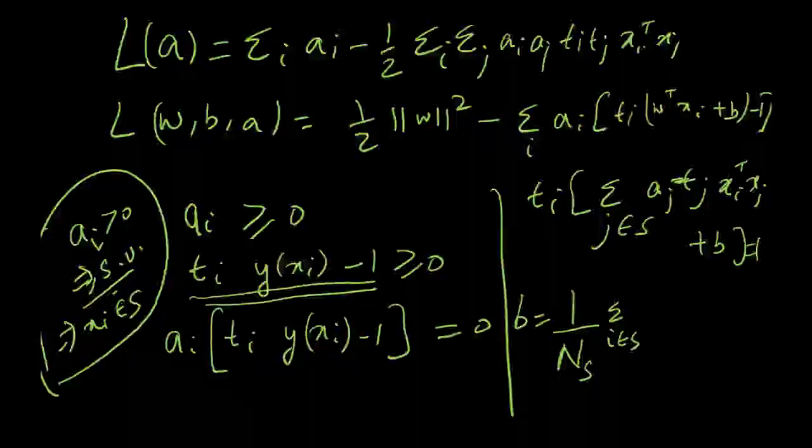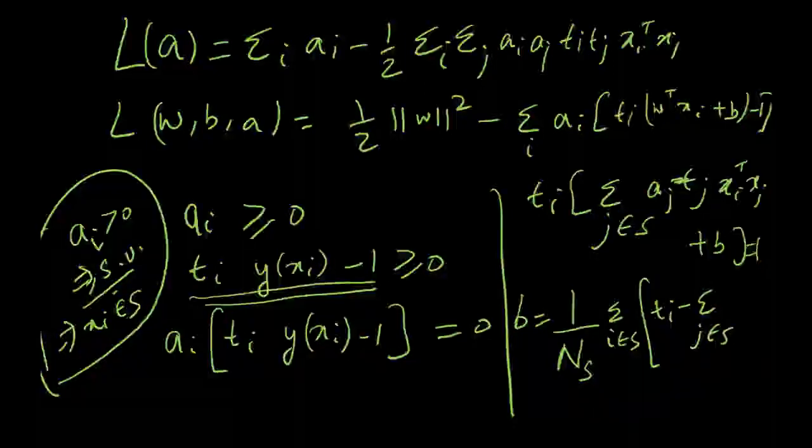And for these points we can define the bias in terms of these points, and it will be t_i minus the sum over all the points belonging to the support vectors. Notice that we are taking pairs of support vectors now because everything will be in terms of dot products.